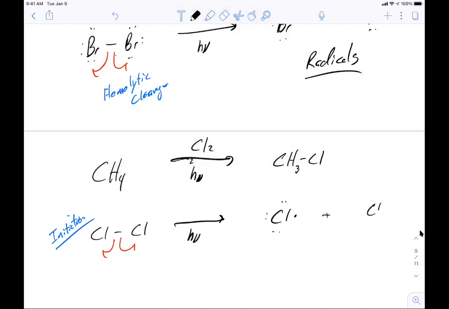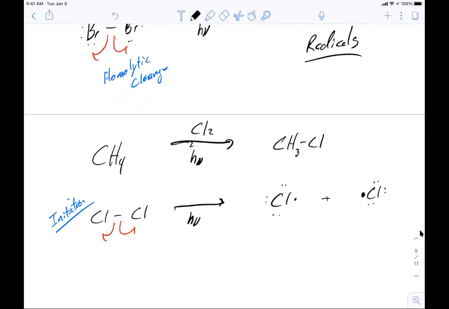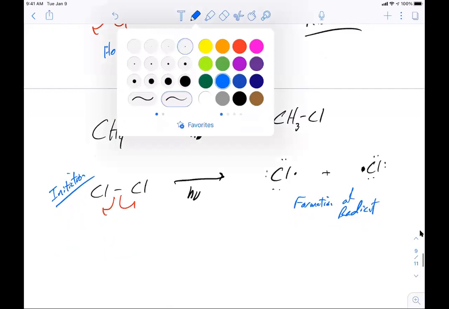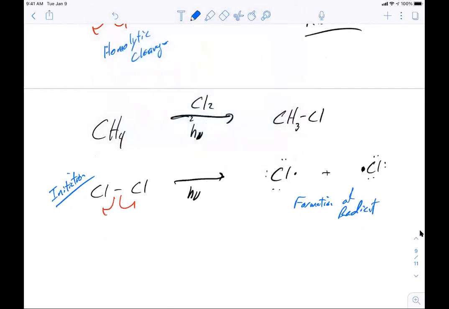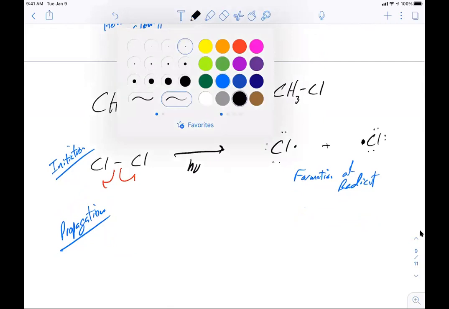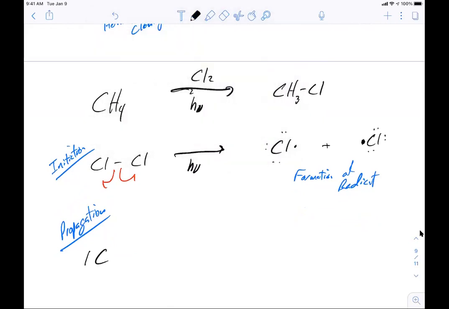So the first step is formation of the radicals. The next step is going to be propagation. So here we take our substrate, in this case methane, and we're going to react it with the chlorine radical.